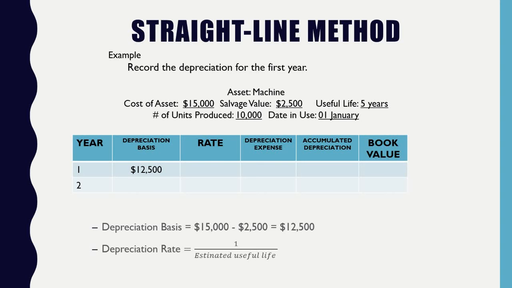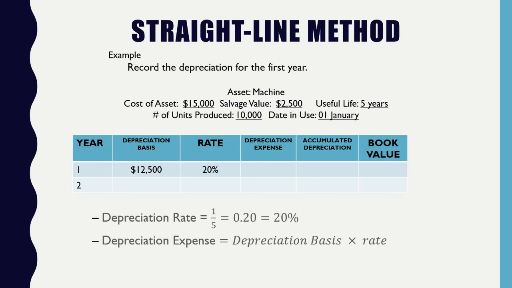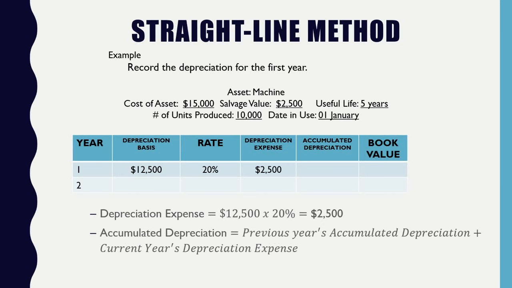Correct. So therefore, what's going to be my depreciation expense? 2,500. Yes, because we take my basis of 12,500 and multiply it by 20%. So therefore, it's going to be 2,500.